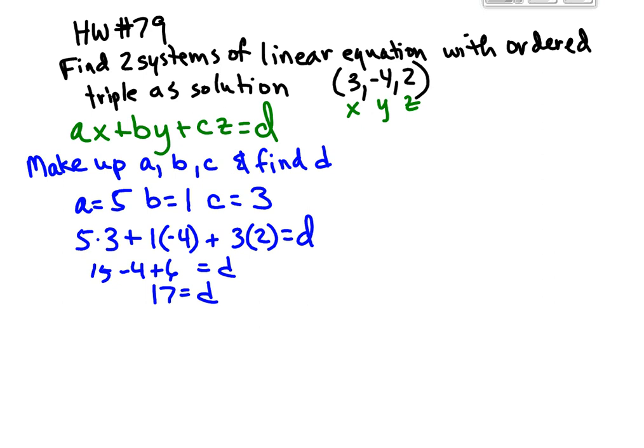is equal to D. That gives me my first equation, and I'm going to keep A, B, and C, so that's going to give me 5.